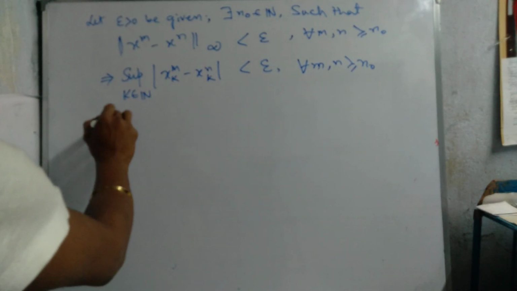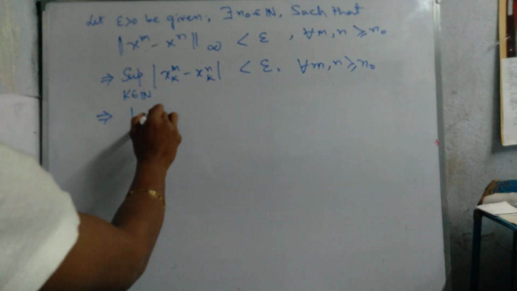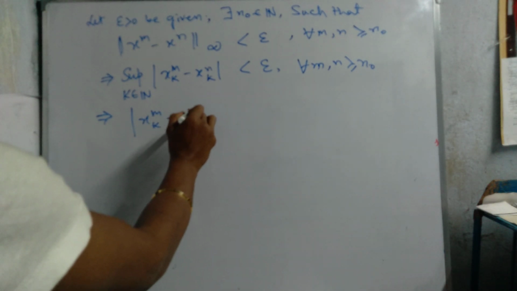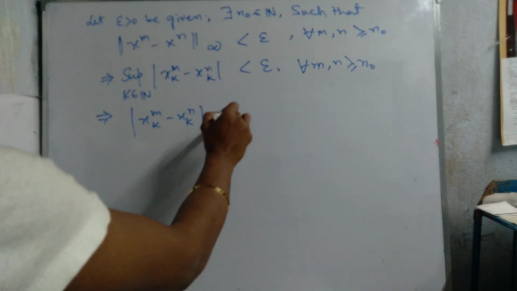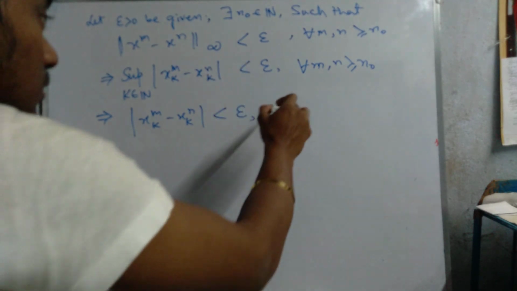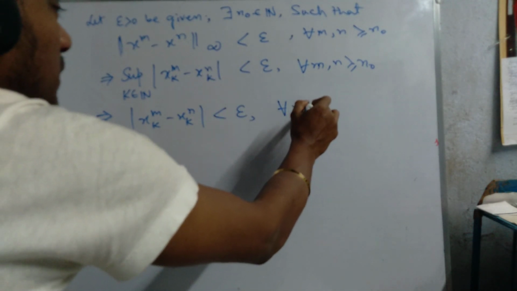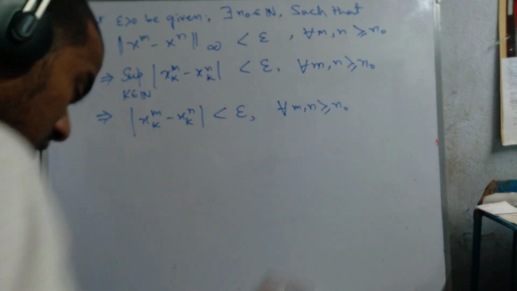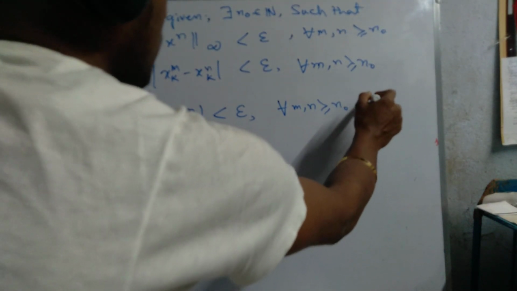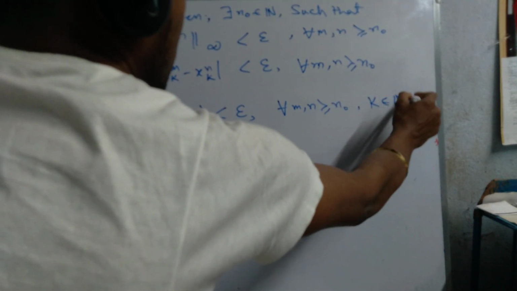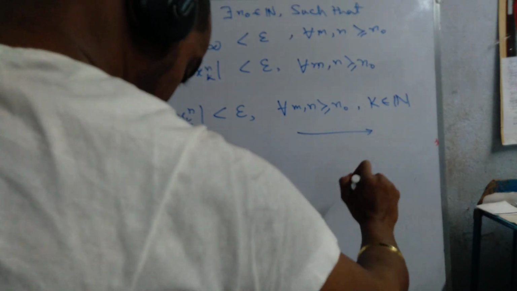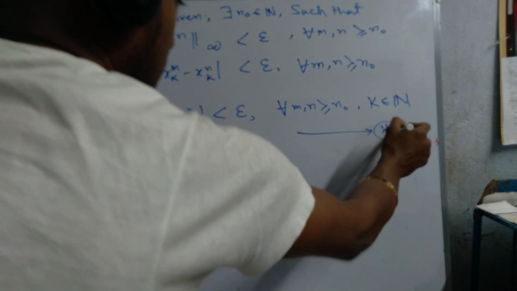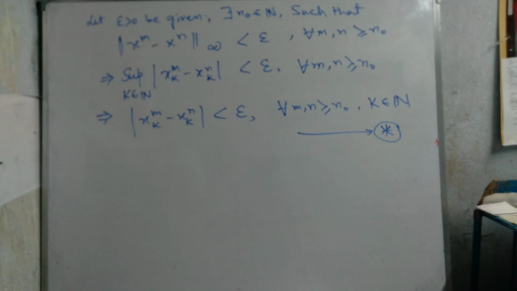This implies that mod of xk to the power m minus xk to the power n is less than epsilon for all m, n greater than or equal to n0 and k belongs to natural numbers. We mark it as star. Not a problem at all.